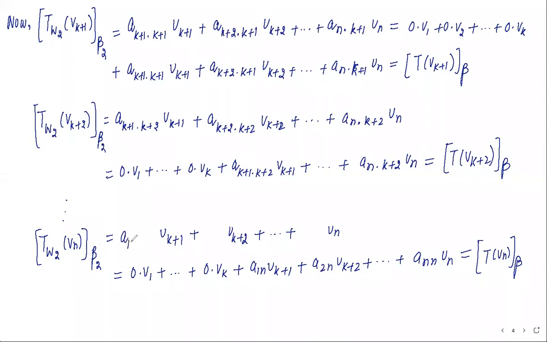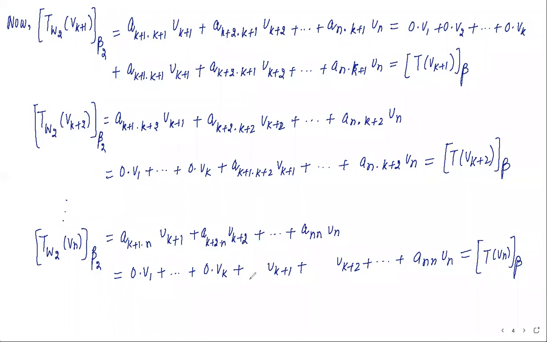So the coefficients may be written like this: a(k+1)n, a(k+2)n, and similarly up to ann. Now, therefore we can refine these also.